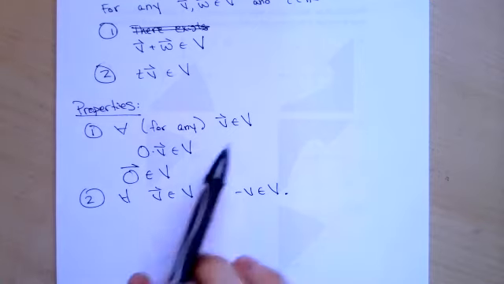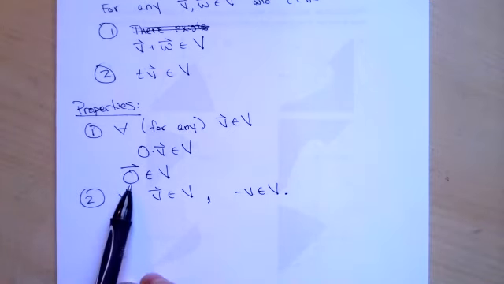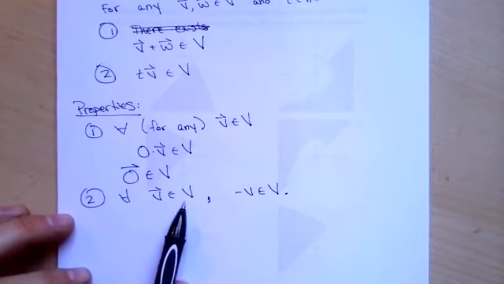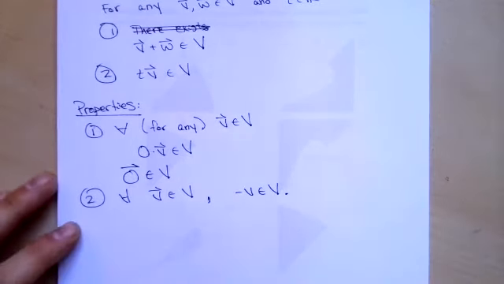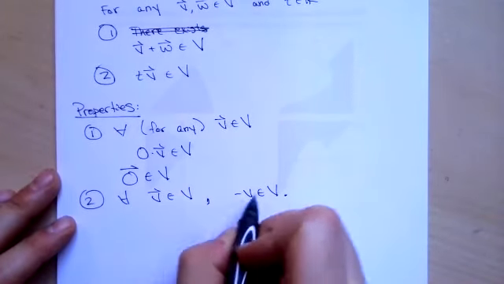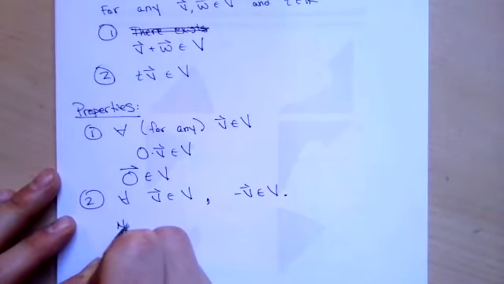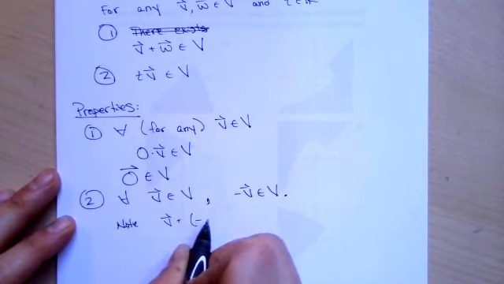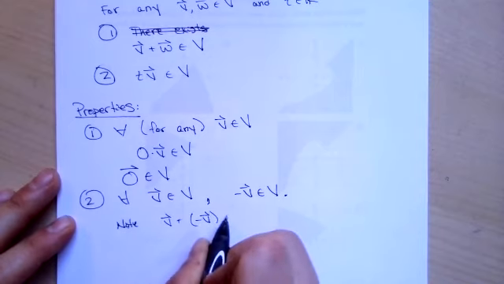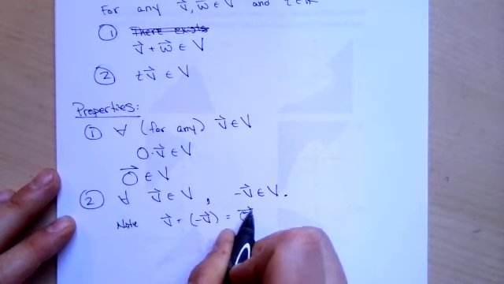So not only does a vector space pass through the origin, but it's going to be symmetric in some sense. For every vector that points in one direction, we're also going to have a vector that points in the opposite. So namely, additive inverses exist. And we should note that v plus minus v gives us the 0 vector.